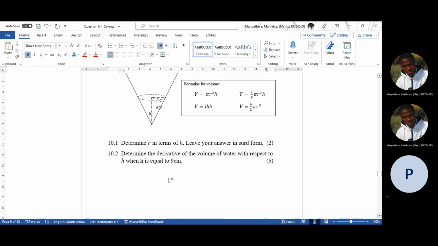So in a right angle triangle, we can use SOHCAHTOA. So we know that sine is equal to opposite over hypotenuse.